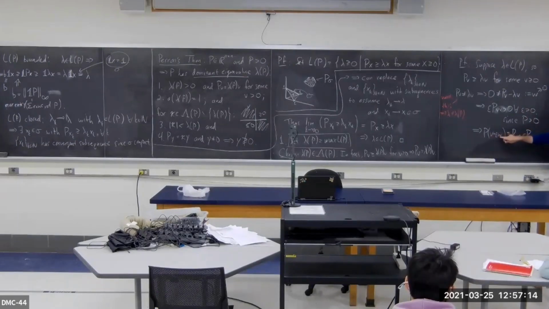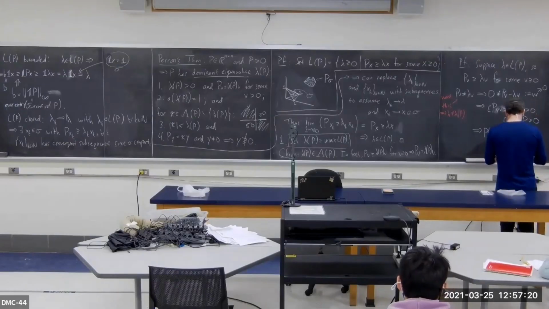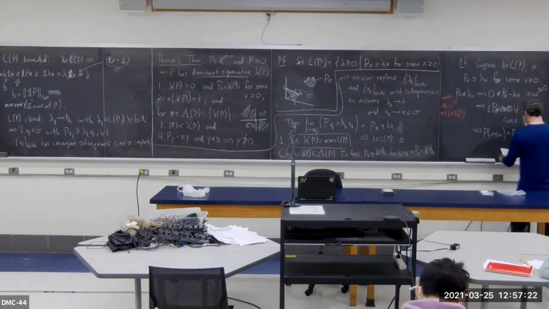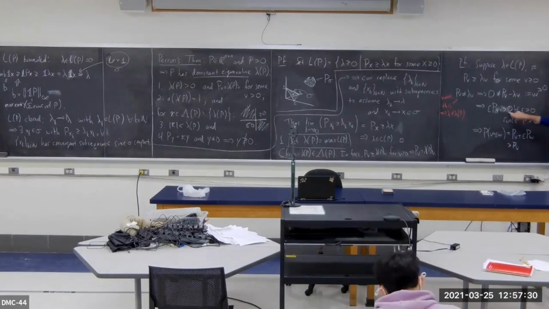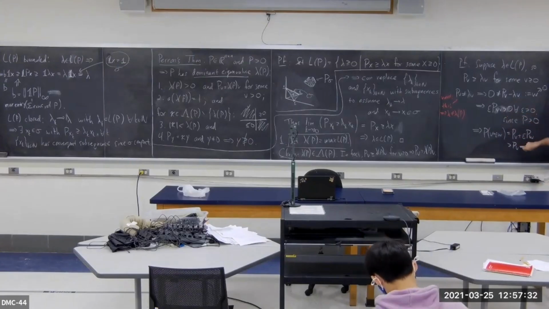P of V plus epsilon W is PV plus epsilon PW. Okay, and that I claim is greater than PV, right, because epsilon PW is greater than 0. So this is greater than PV.